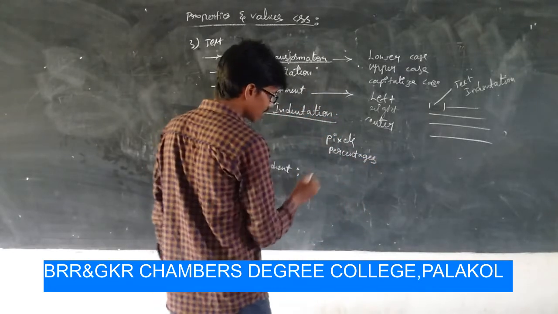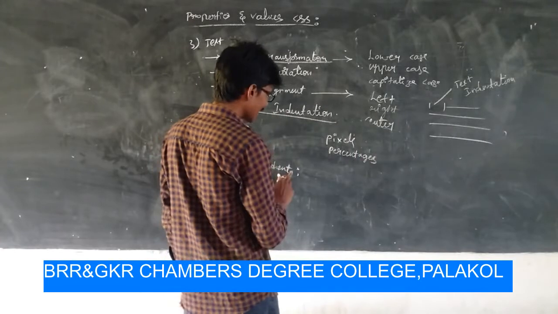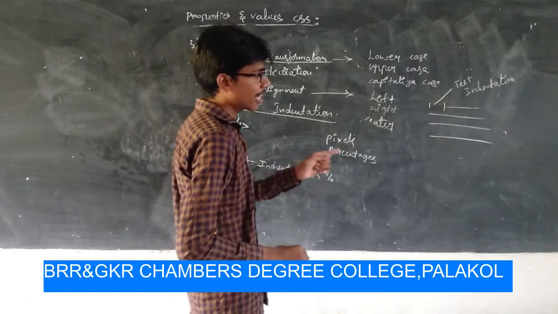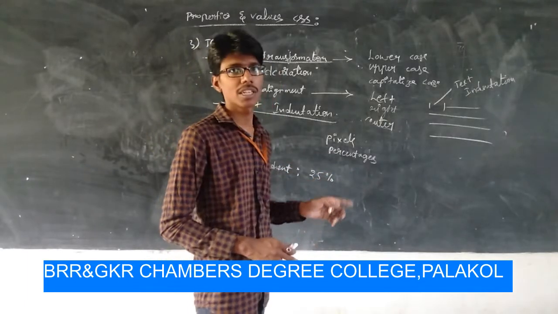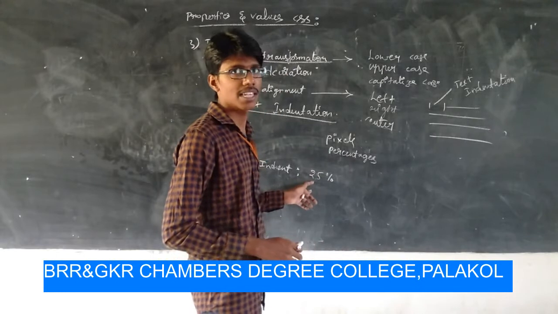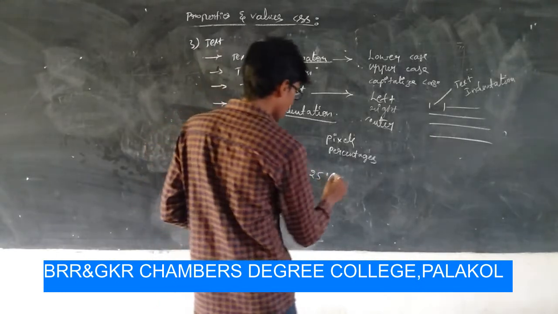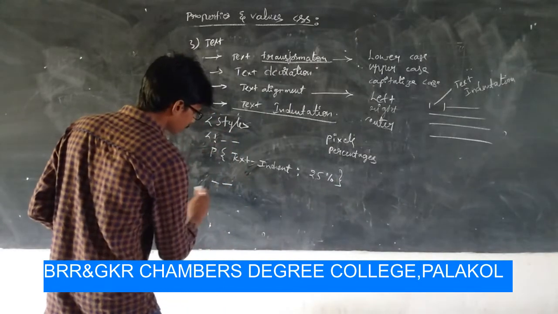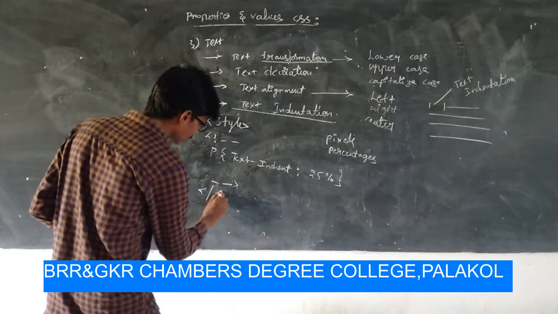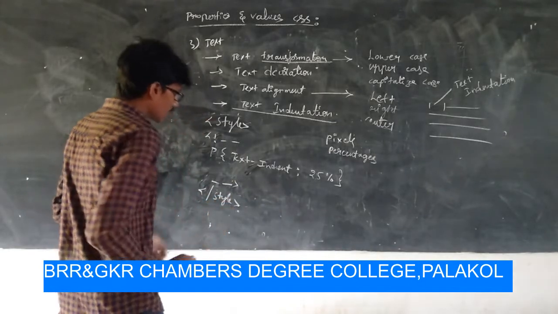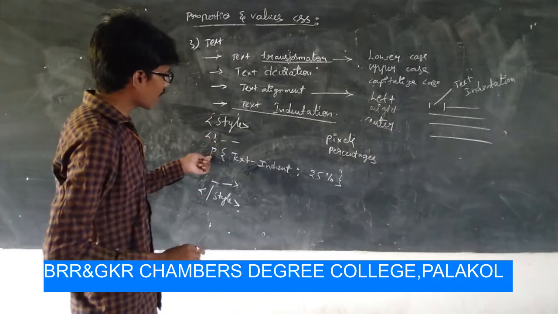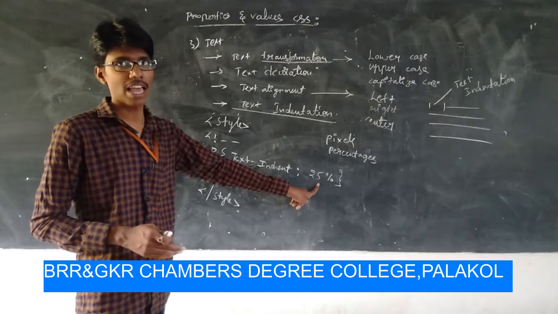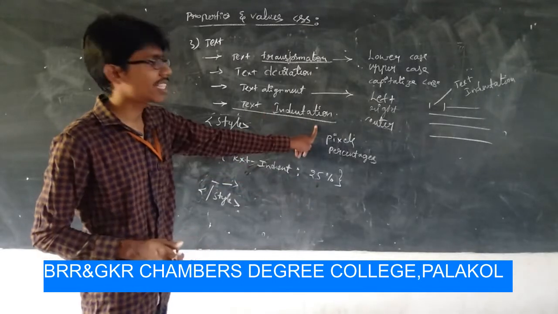For example, you represent the text-indent with percent values. Take the entire document as 100 percent, and you mention the space as 25 percent. Then close the curly brace, then close this part. That means the created paragraph indents and allocates the space by taking this value. This is about text indentation.